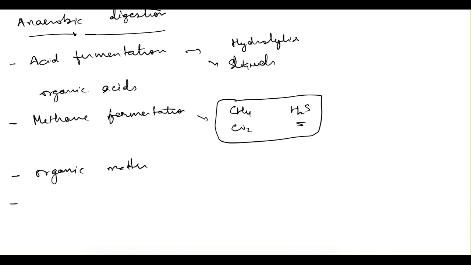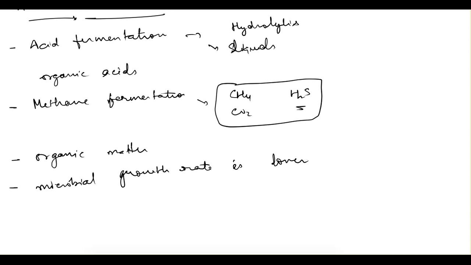In the anaerobic condition, the microbial growth rate is lower compared to the aerobic condition. So because of these two things, a very good amount of organic matter is converted into these gases, and microbial growth rate is low.